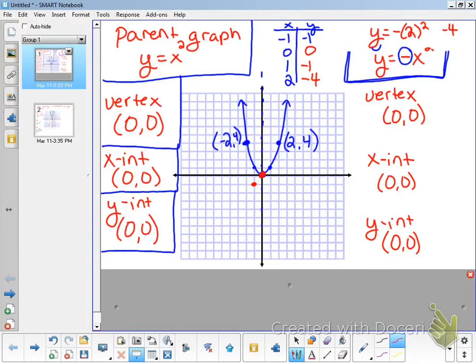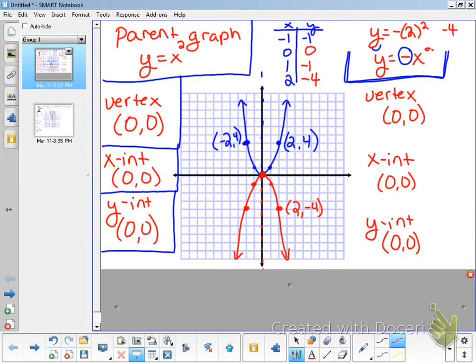So I'm going to go to 1, -1, and I'm going to go 2, -4. And I still have the same axis of symmetry, so I can reflect my 2, -4 over the axis of symmetry and go over 2. And our graph has completely changed, and it's all due to that negative sign.